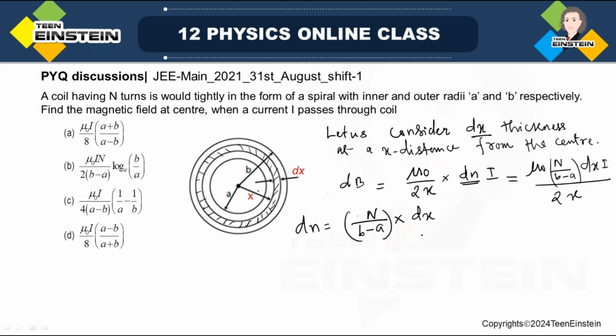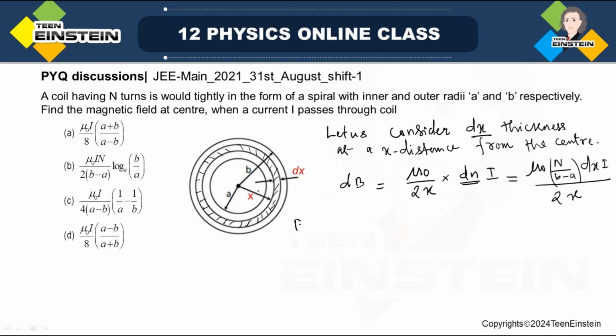So this is my magnetic field due to this particular ring having this many number of turns.